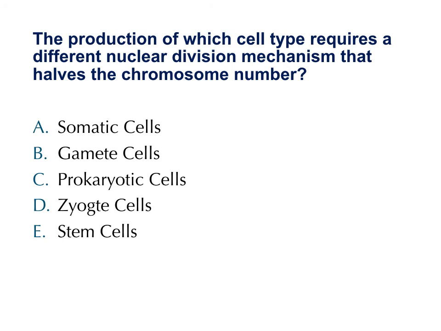The production of which cell type requires a different nuclear division mechanism that halves the chromosome number? Somatic cells, gamete cells, prokaryotic cells, zygote cells, or stem cells? And of course, the answer is gamete cells. Gamete cells require meiosis 1, which has the reductional division.